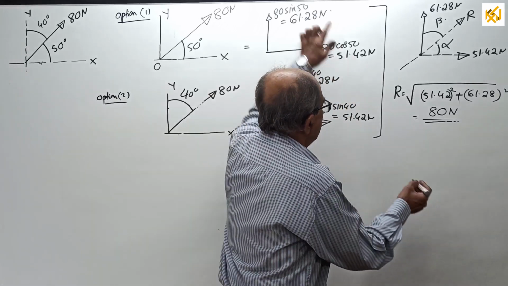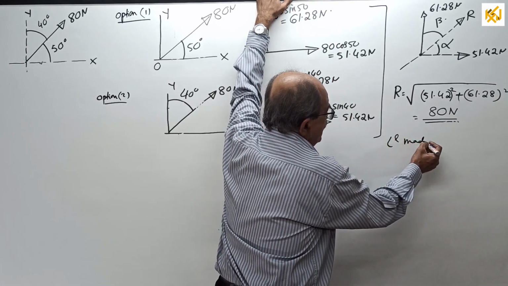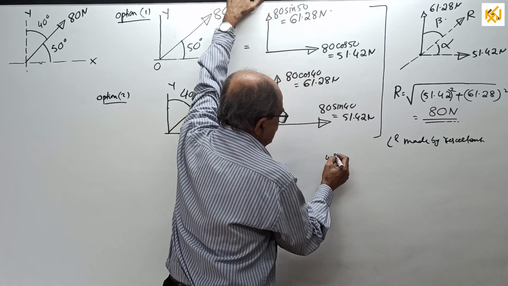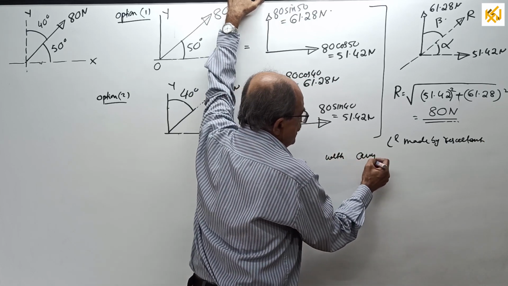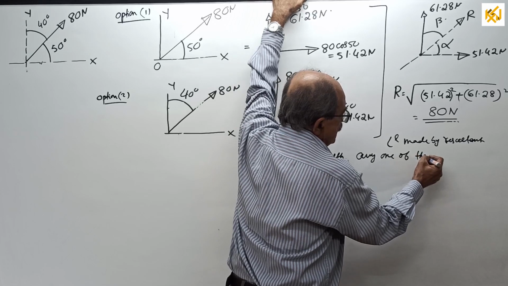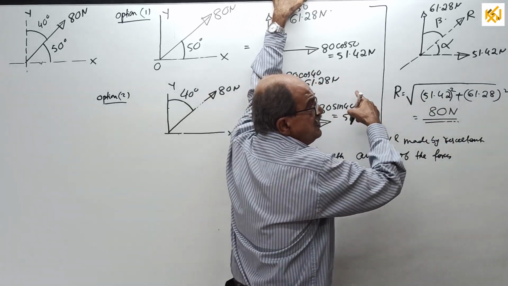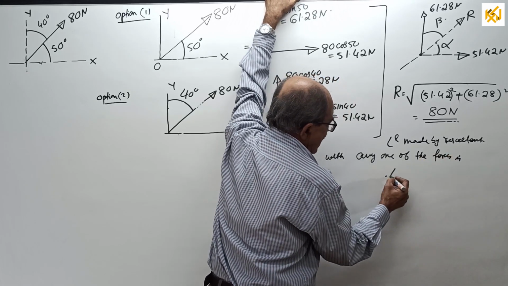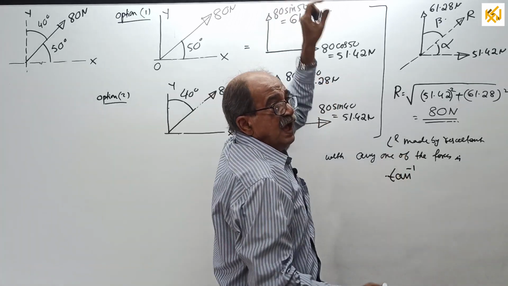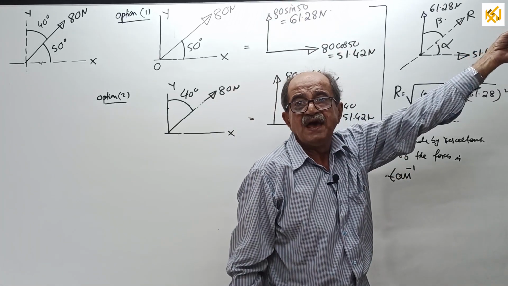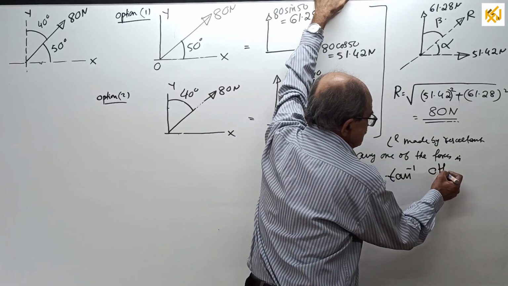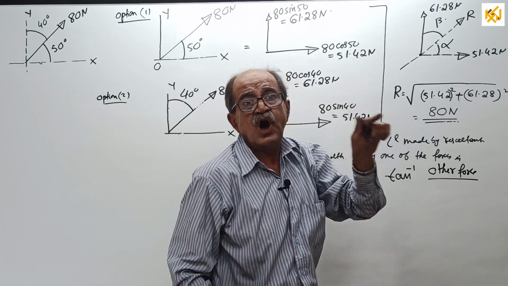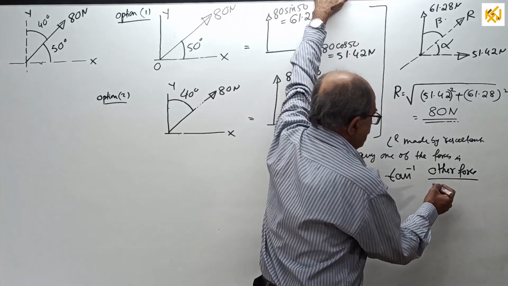Therefore, it simply becomes: angle made by the resultant with any one of the forces, or you can say with the x and y direction, equals tan inverse of other force into sine of 90 degrees, divided by this force plus cos of 90, which is 0 once again, divided by that force.